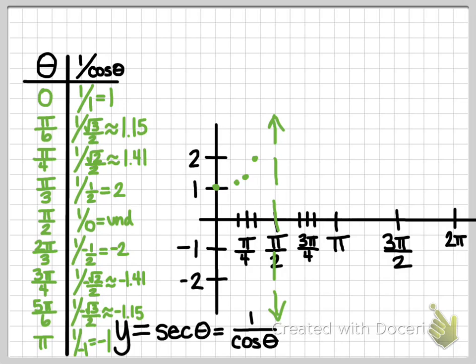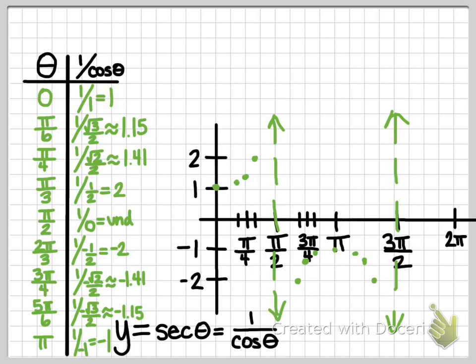2 pi over 3 is negative 2. 3 pi over 4 is negative 1.41. 5 pi over 6 is negative 1.15. Pi is negative 1. And if I continued filling in these angles, it's going to look something like this.